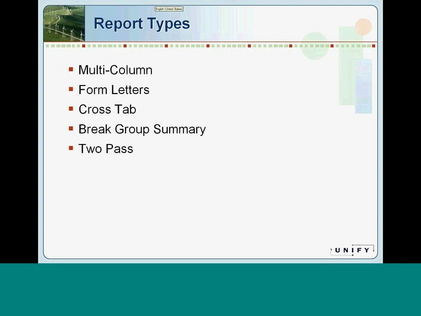Okay, report types. These are the standard reporting types that you would likely do inside the Report Builder product. We have slides on some of these, showing some examples. A multi-column report of form letters, a cross-tab report for accumulating data, and then the one that we'll focus on for the example and for some of the discussion on formulas is a control break, a break processing type of report, where most Report Builder people will spend their time.